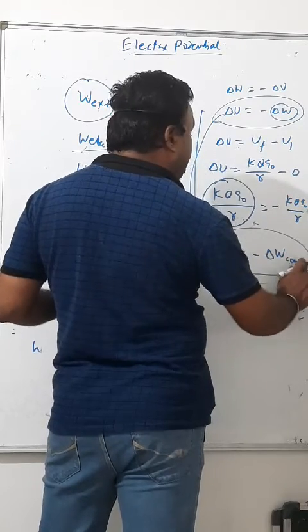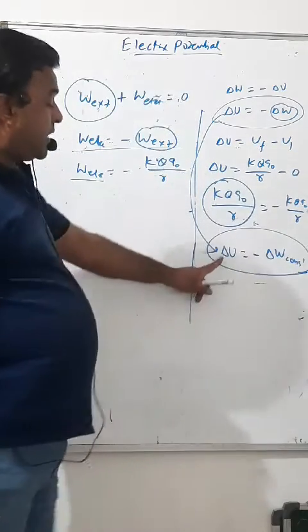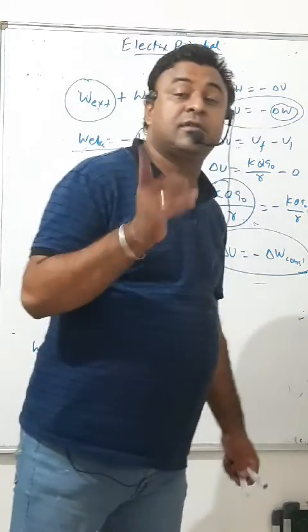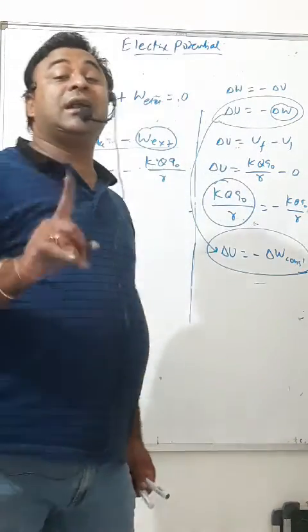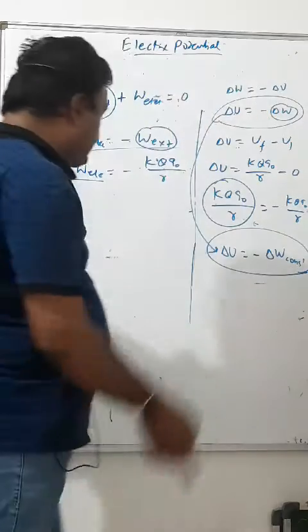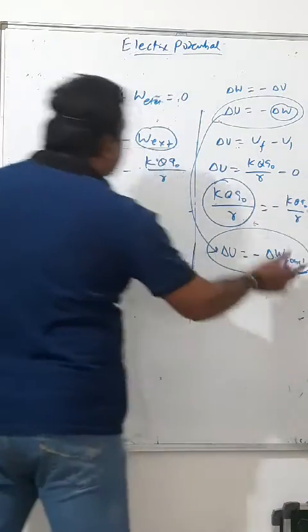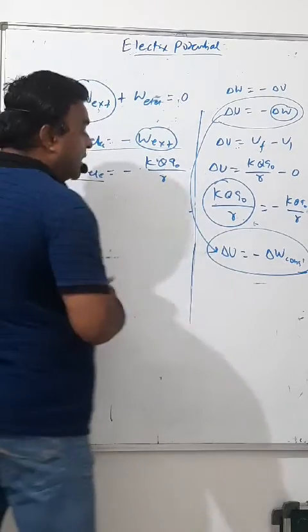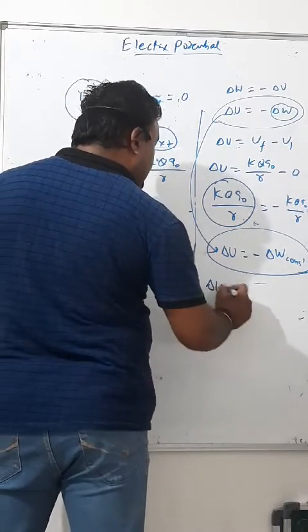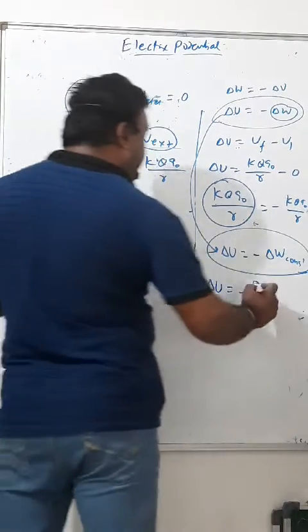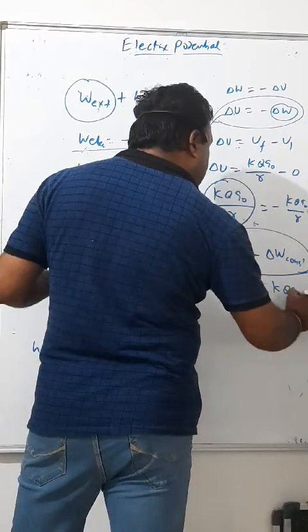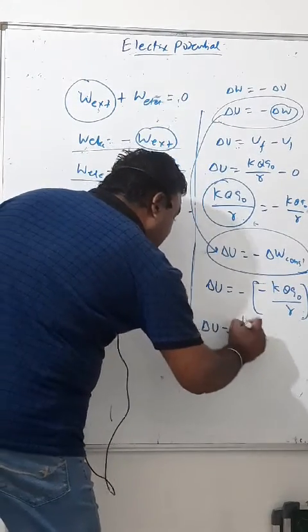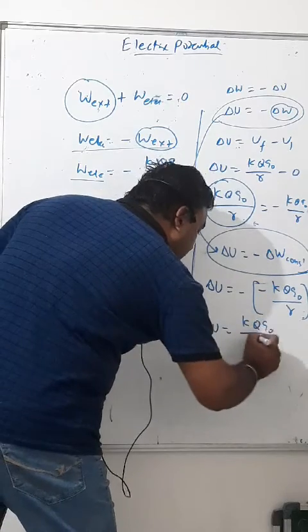Listen. Potential energy is only defined in the influence of a conservative force. Electrostatic force is conservative, so here the work done must be written for the electrostatic force, which is already negative. Then delta U becomes minus of minus q q naught by r, or I simply write delta U equals q q naught by r.